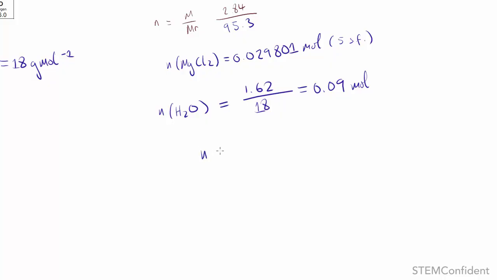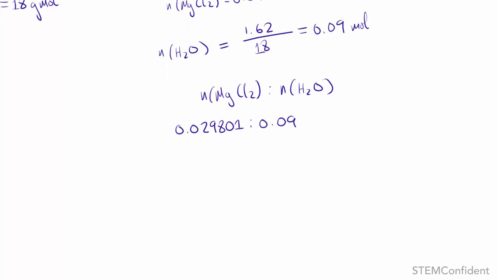So establishing a ratio here, the number of moles of MgCl₂ as a ratio compared to the number of moles of H2O, and that's going to effectively be this value, 0.029801 ratio to 0.09.